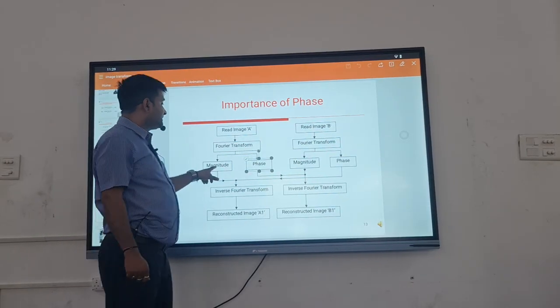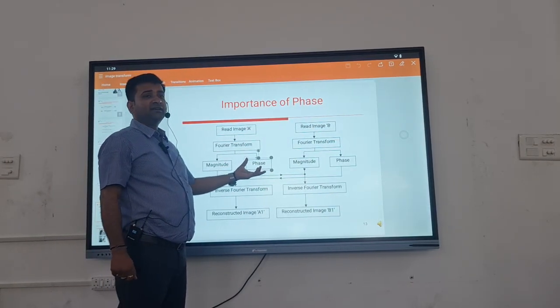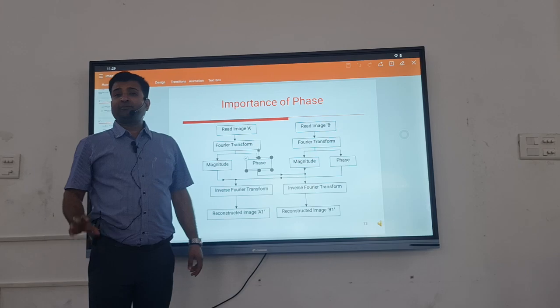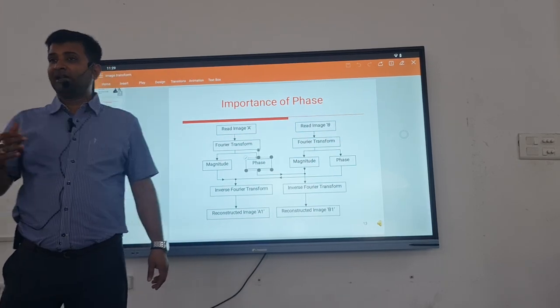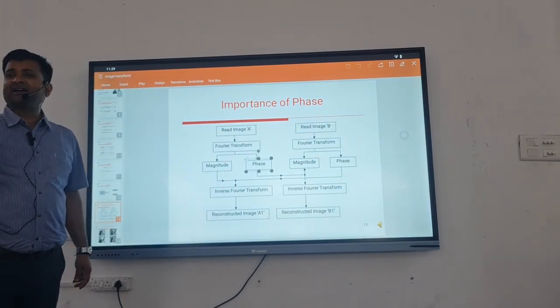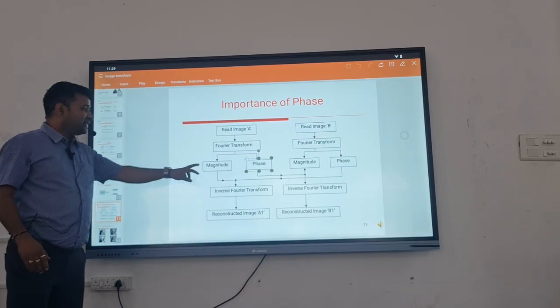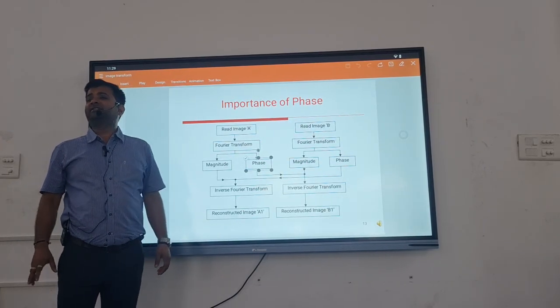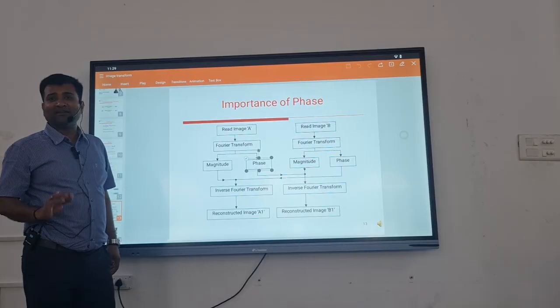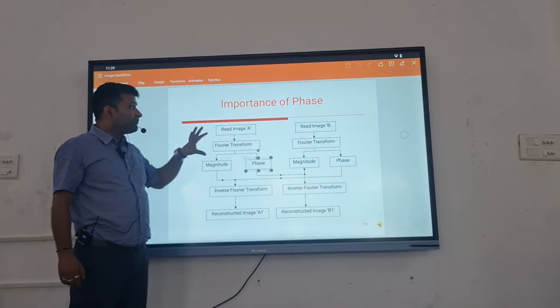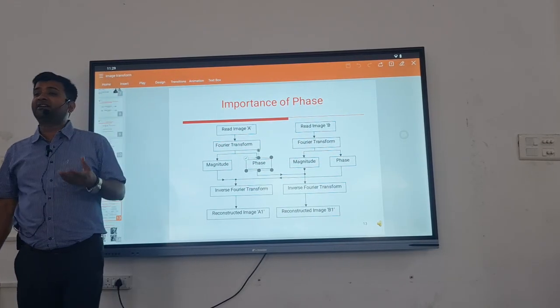The phase characteristic means you have to find out the phase angle also. This is the basic principle of a phase response calculation. Magnitude you have also studied in the signal system class. Just what is the importance of the phase calculation in the image.